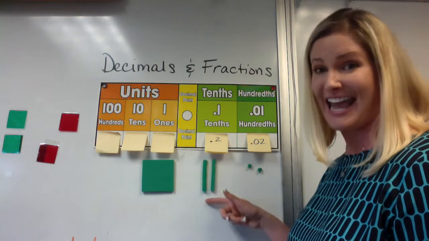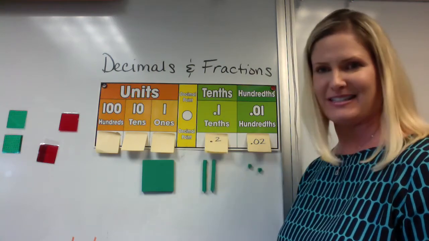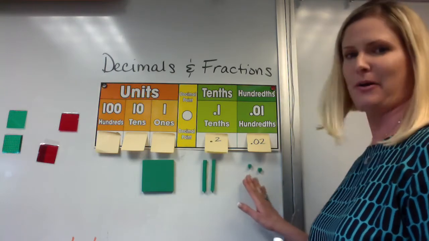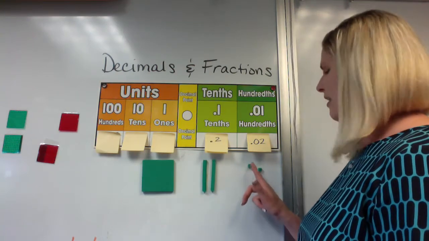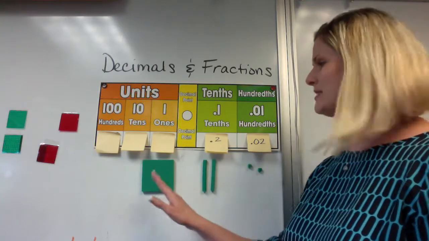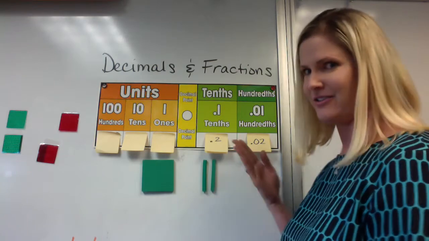You've got 10 of them. That represents the tenths place. Then for the hundredths spot, we've got the base 10 cubes, which is convenient because how many little cubes does it take to make a flat? 100. So there's your relationship.